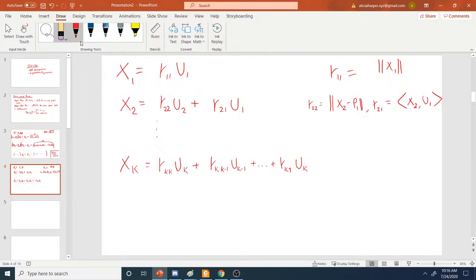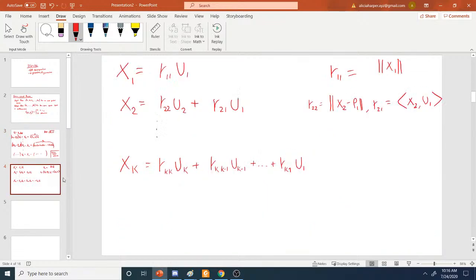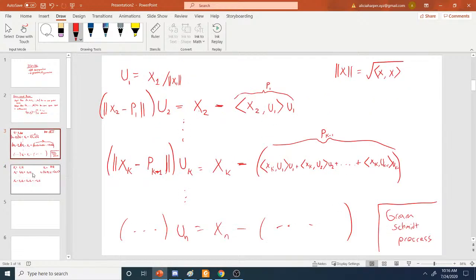Or actually, sorry, u1. So let me say what all these coefficients are, because we can extract them from the previous slide. The coefficient here of uk is going to be defined to be this magnitude.